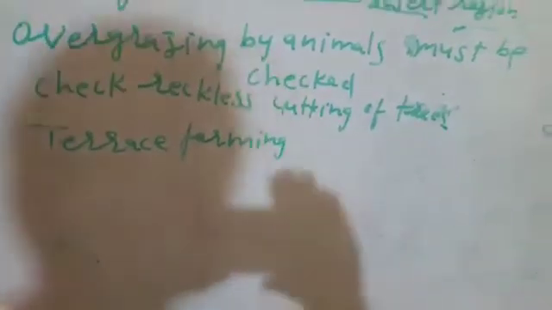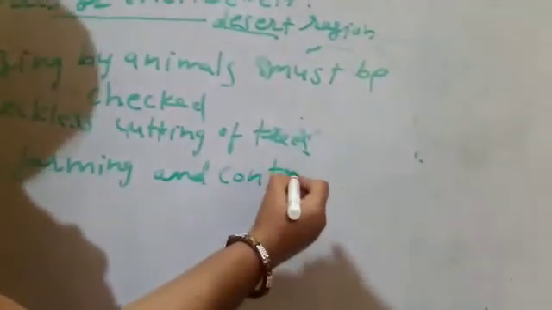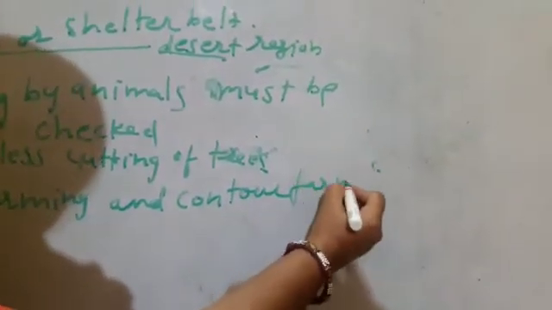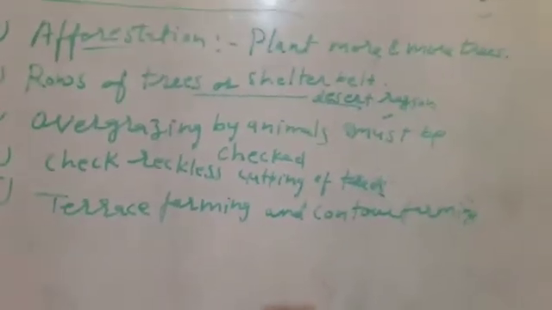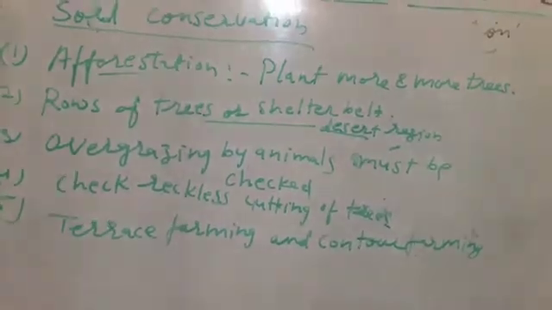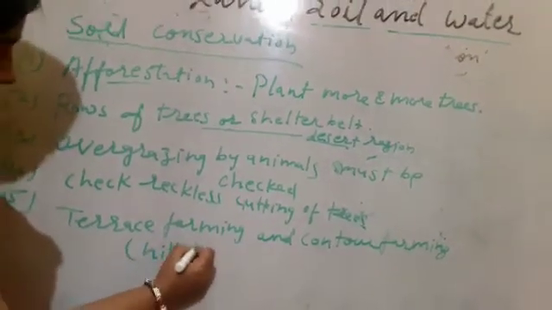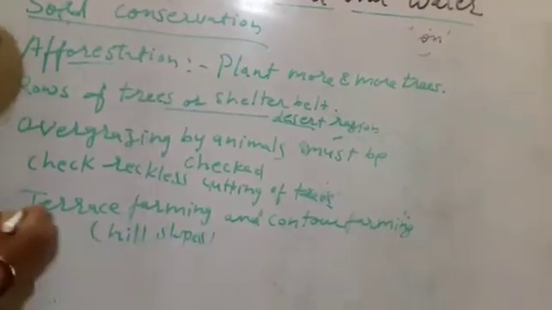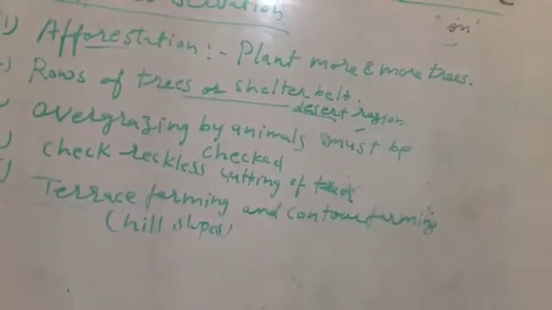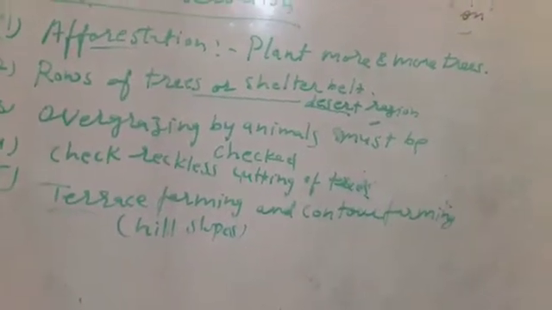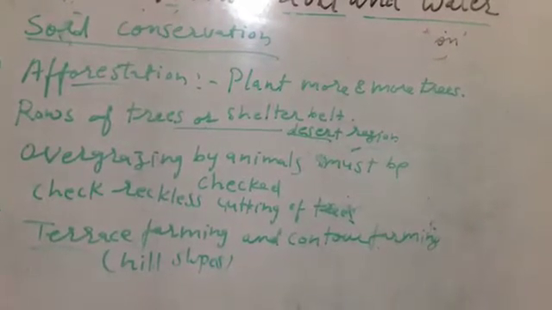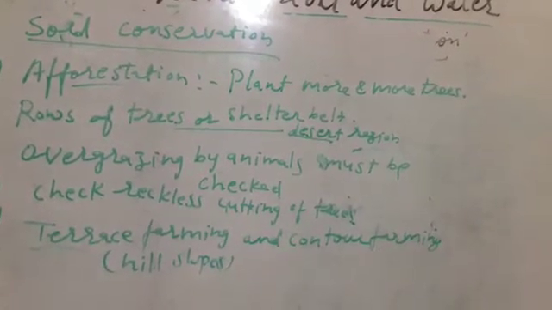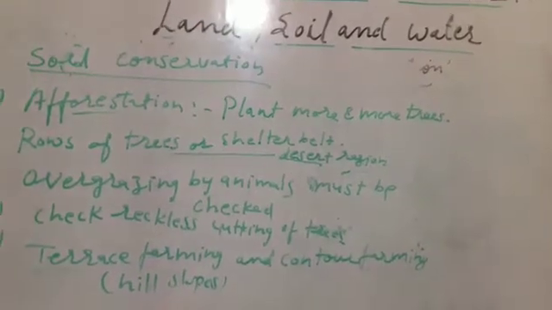Terrace farming and contour farming should be encouraged across the hill slopes. What do you mean by terrace farming? Terrace farming is a practice of cutting flat areas out of a hill or a mountain landscape in order to grow crops.